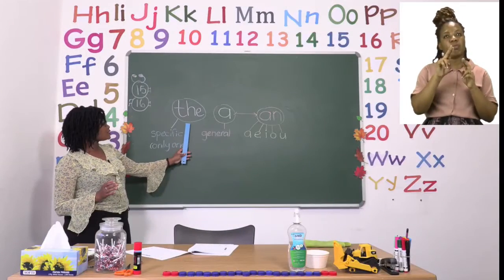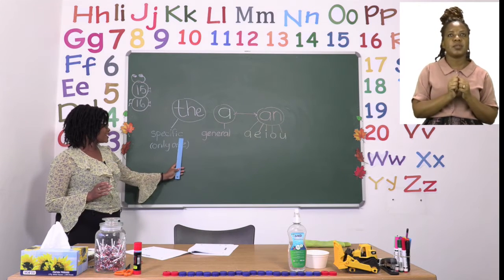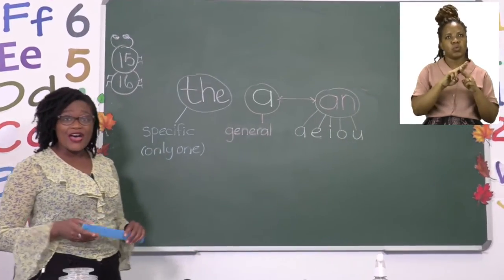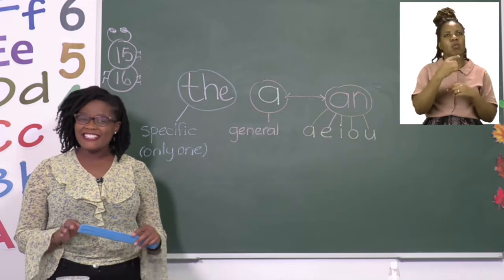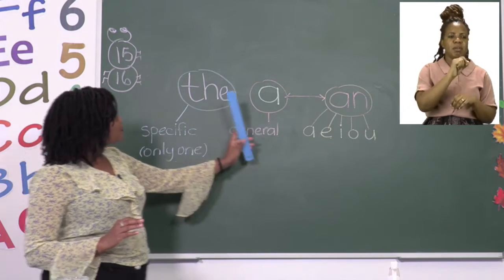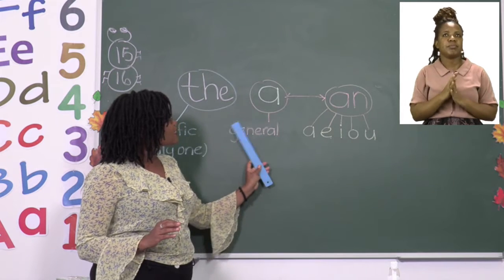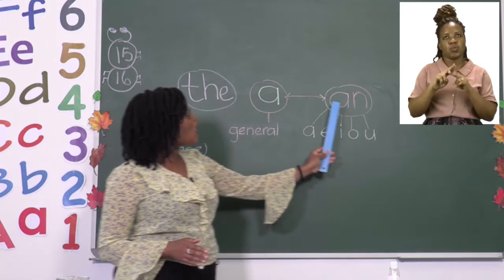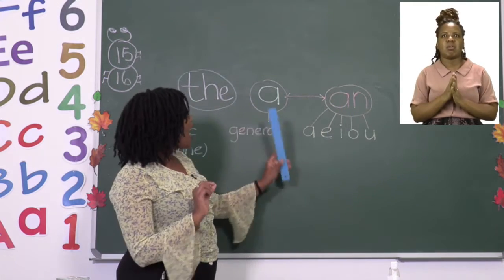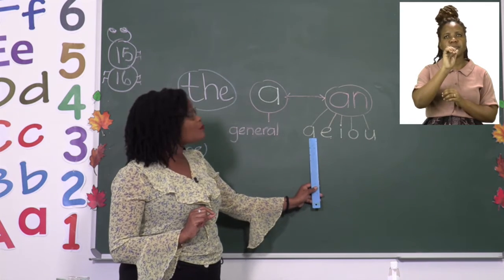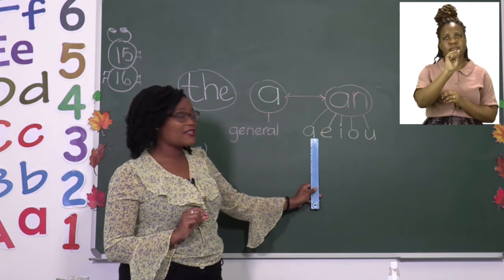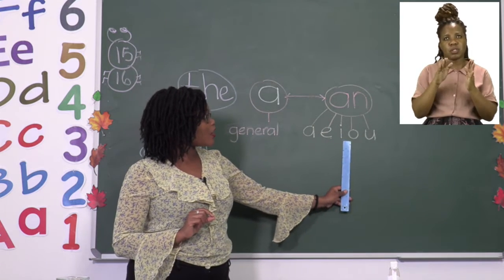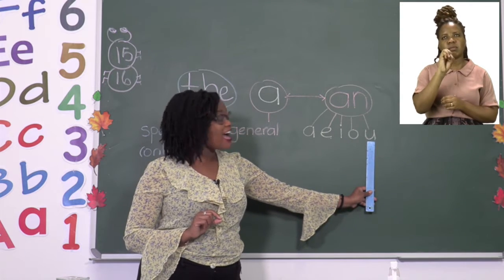So, let's try and summarize on the board. We said that we use the word the for specific things, and sometimes we can say only one thing. The dog, the teacher. Then we use a or an for things that are general. But to tell the difference on whether to use a or an, you must remember for an, we use the an for words that have vowel sounds at the beginning, like a, e, i, o, and u.